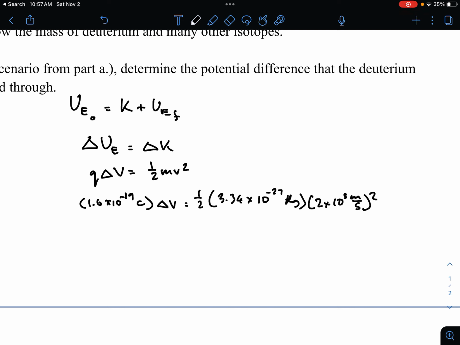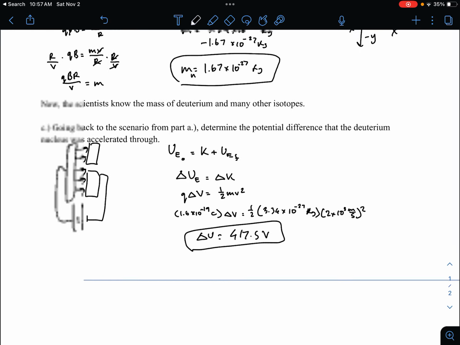And then you can solve for change in V. Okay, 0.5 times 3.34 times 10 to the negative 27th times 2 times 10 to the 5th squared, divided by 1.6 times 10 to the negative 19th. You get 417.5 volts.